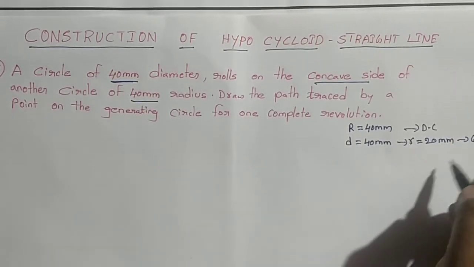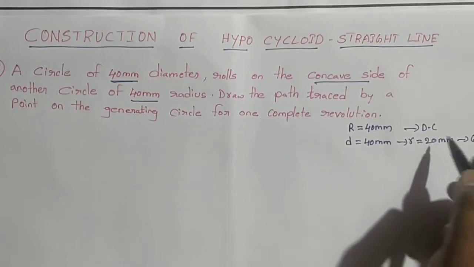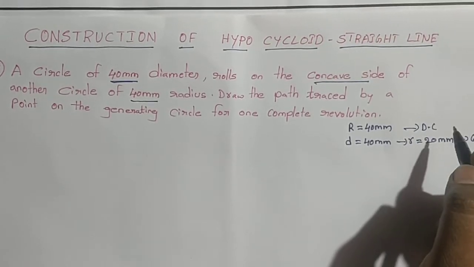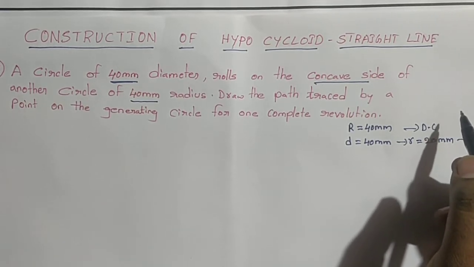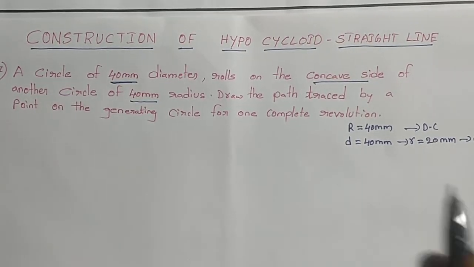From this we need to draw the generating circle and the directing circle, and trace the path traced by a point on the rolling circle for one complete revolution.